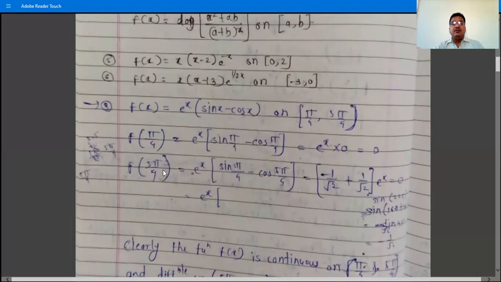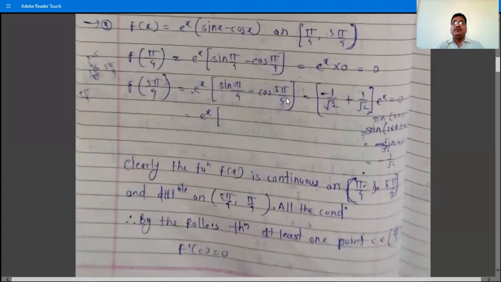Again, the value at 5 pi by 4 is e raised to 5 pi by 4 times sin 5 pi by 4 minus cos 5 pi by 4. The value of sin 5 pi by 4 is minus 1 by root 2, and the value of cos 5 pi by 4 is again minus 1 by root 2, so minus minus becomes plus 1 by root 2, and therefore we have the answer 0.